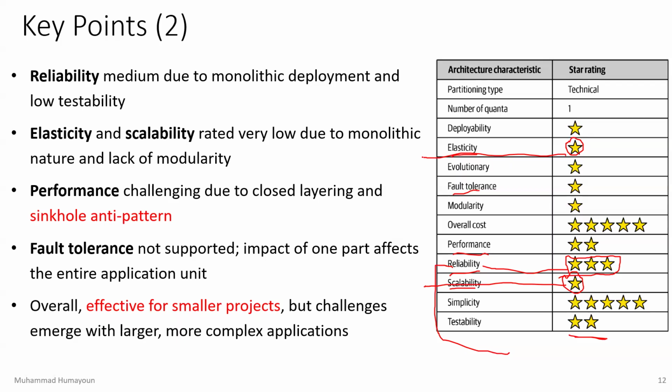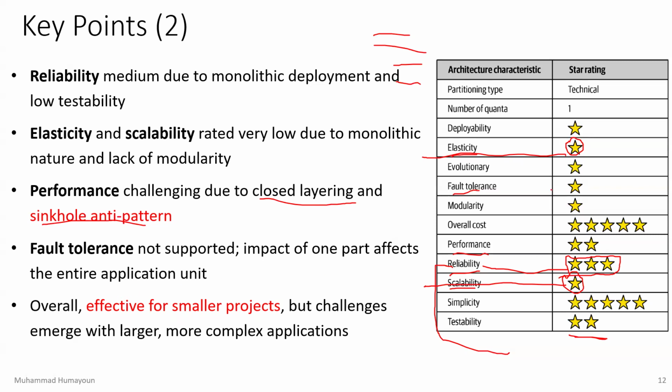Okay. Then comes performance, and performance is challenging because of closed layering. Because you have many layers, usually these are closed, and you can end up with the sinkhole anti-pattern. We discussed the sinkhole anti-pattern in today's lecture, where we can build upon manager modules around our database relations.